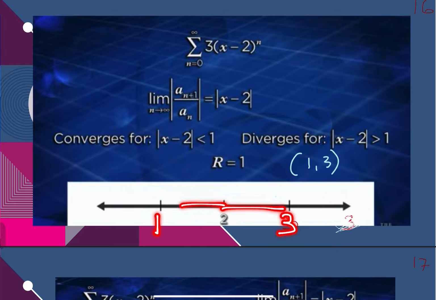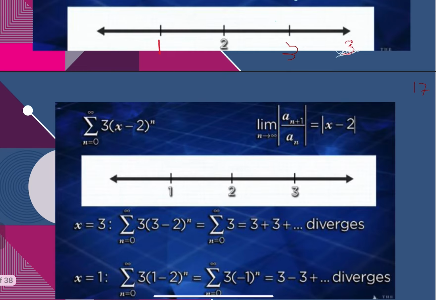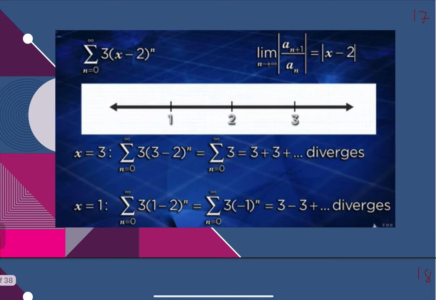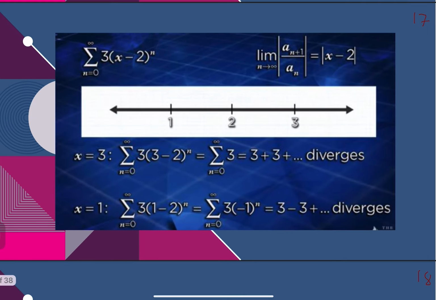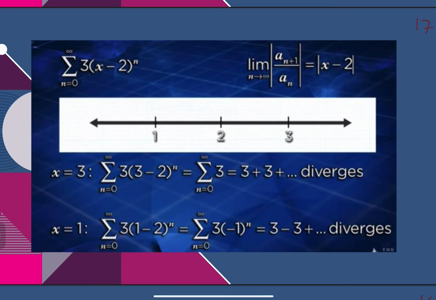The question is, does it converge at the endpoints? So let's find out. The endpoints are at 3 and 1. Let's see what happens to the series when x is equal to 3. 3 times x minus 2 to the n power reduces to 1 raised to n, and 1 raised to n is equal to 1.